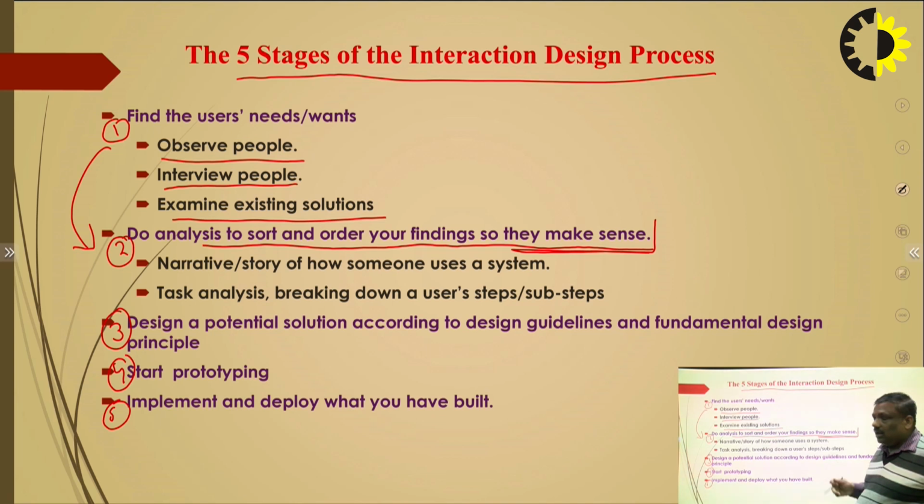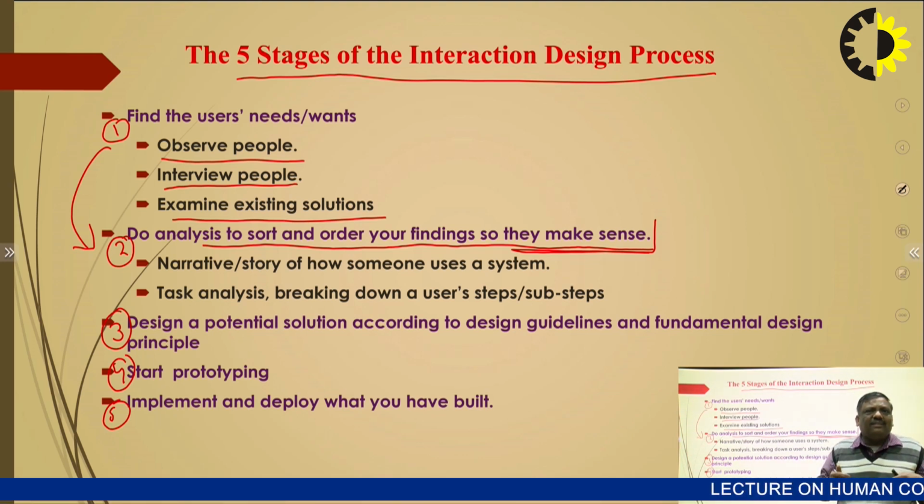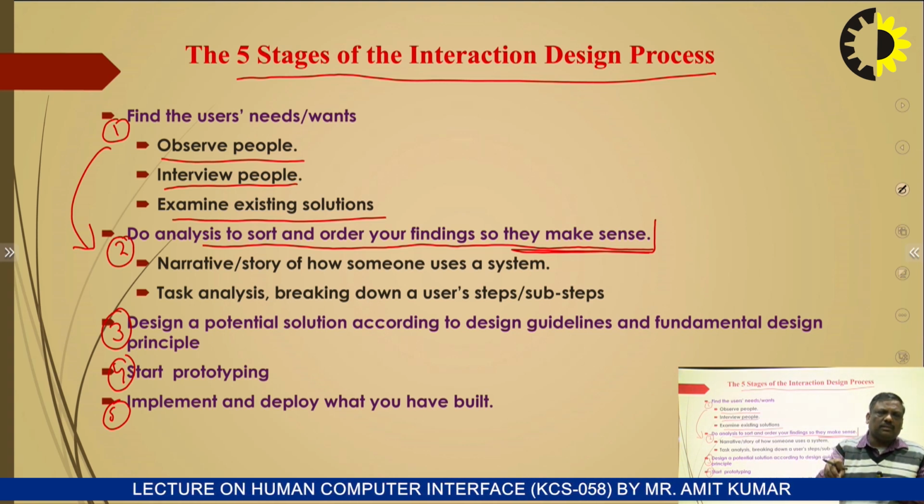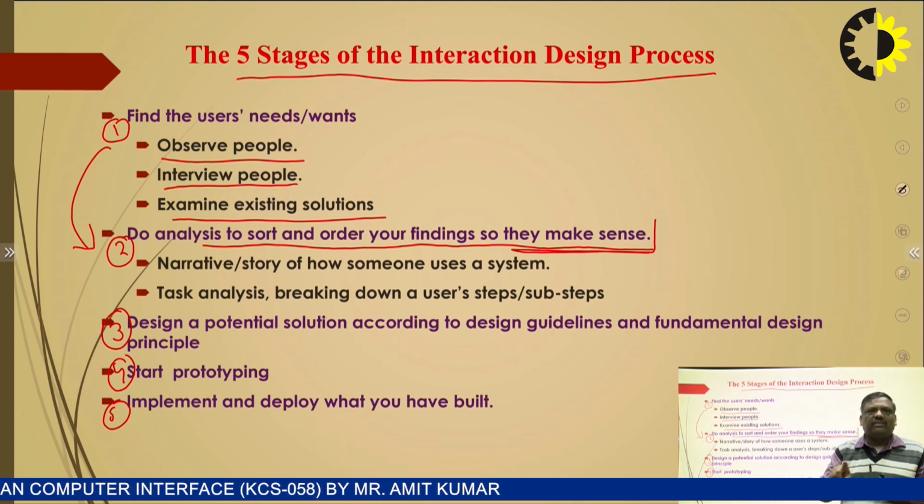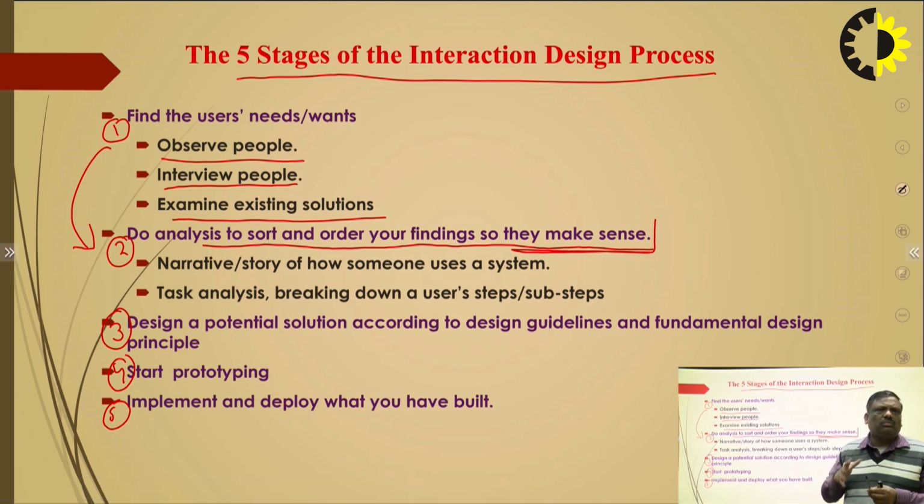And collect it in order. Simply make a story from the user side: the user goes to a certain place, interacts with the system, and demands what he wants. So create a narration, create a story for this, and after analysis we have a generalized design process. This process is broken down into a number of sub steps. So this is a narrative story of how someone uses a system.